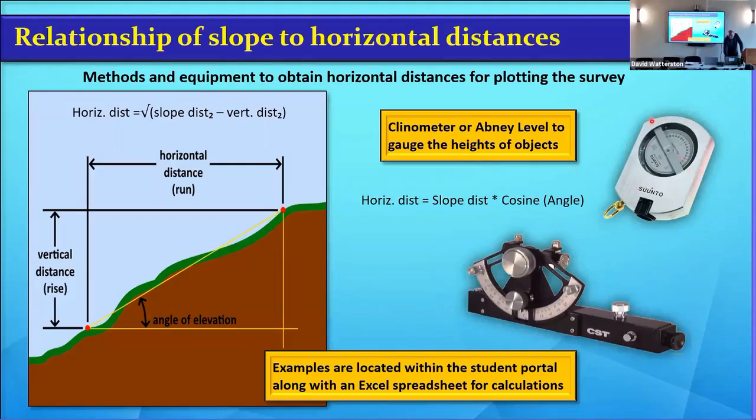But you can use a couple of devices to give you a change in height if it's a lot. You know, you're talking about something that's pretty steep. So you can use a clinometer or an Abney level, and they both work basically the same, and they'll give you an angle. So it's the angle off the horizontal, and then you multiply that by the distance, and it gives you the horizontal distance.